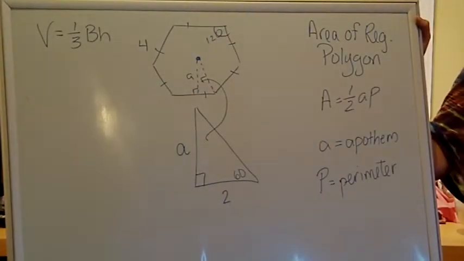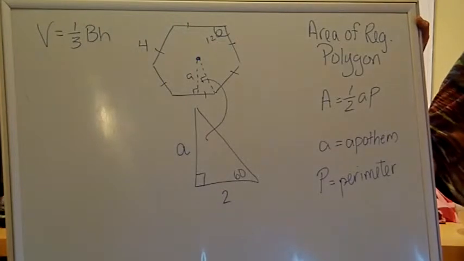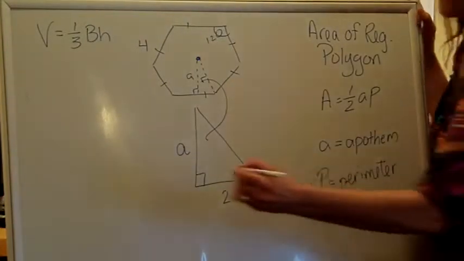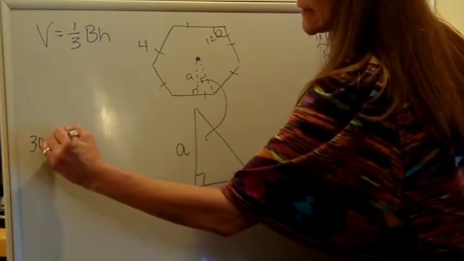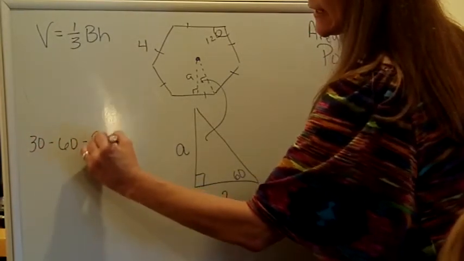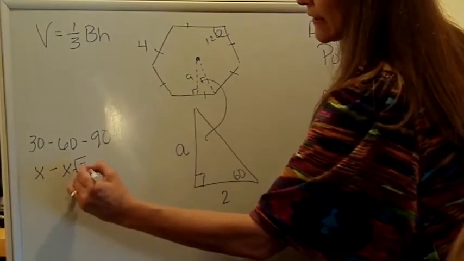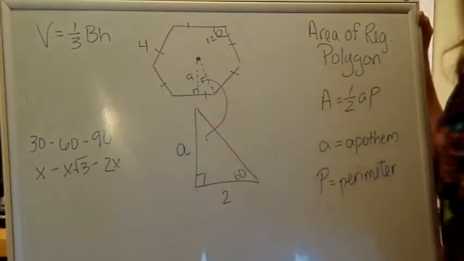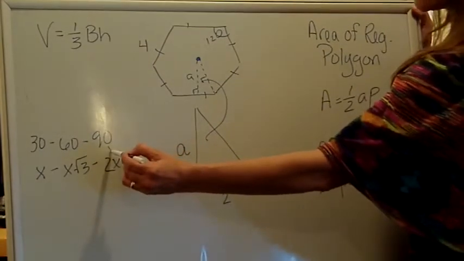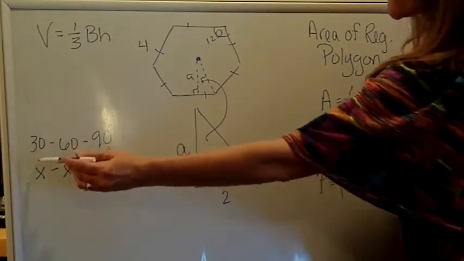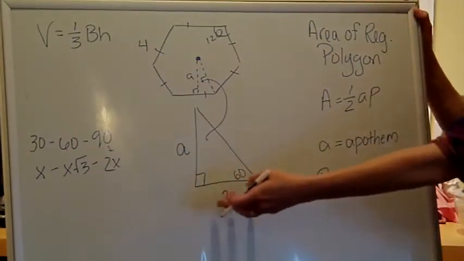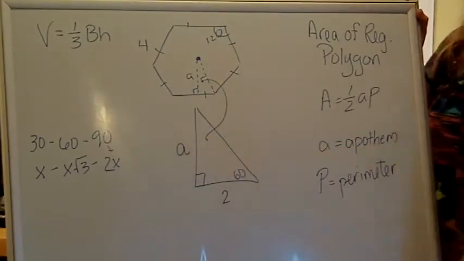What's my apothem? Use special right triangles. Remember 30, 60, 90 is x, x square root of 3, 2x. This is your hypotenuse, this is your long leg, that's your short leg. Here's your short leg. Your long leg is your apothem.